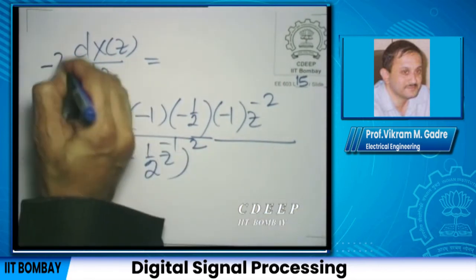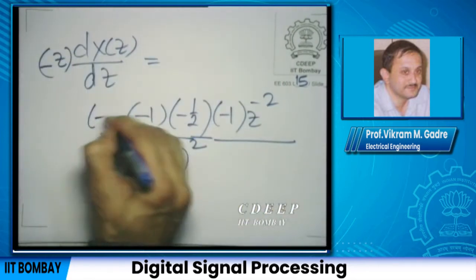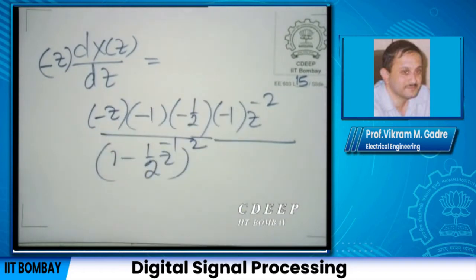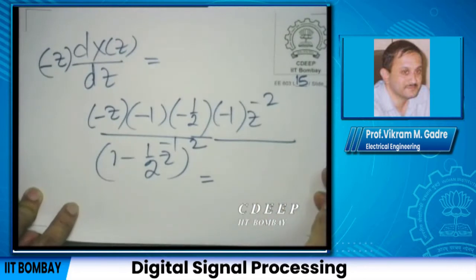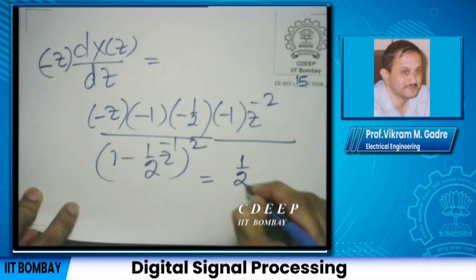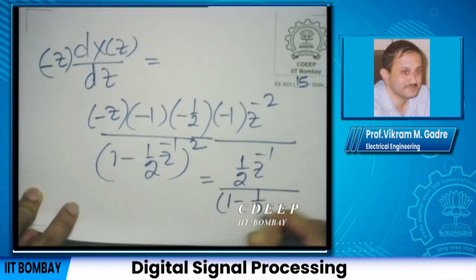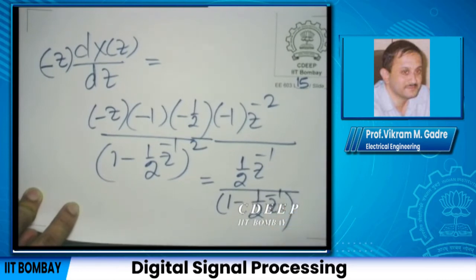And if you multiply this by minus z, you get minus z in the numerator as well. So, let us simplify this. This is very clearly, you have 4 minus signs, that makes it a plus. You have half z inverse, divided by 1 minus half z inverse squared.